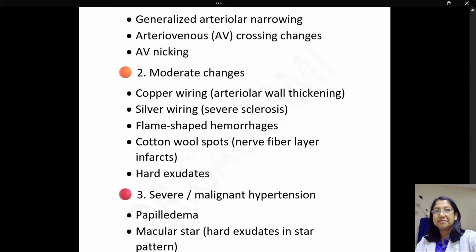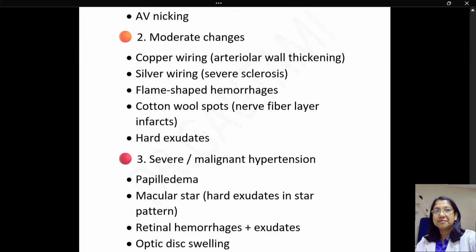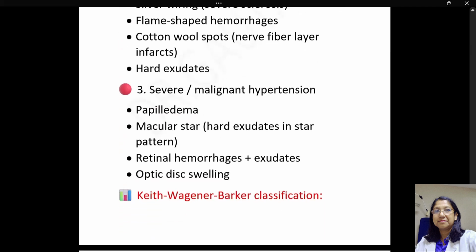When the fundus is seen through ophthalmoscope, the arteriolar wall thickening is seen as copper wiring. When this sclerosis increases, the severe sclerosis shows like silver wiring. Hemorrhages are flame-shaped, as I told you. Then cotton wool spots and hard exudates.